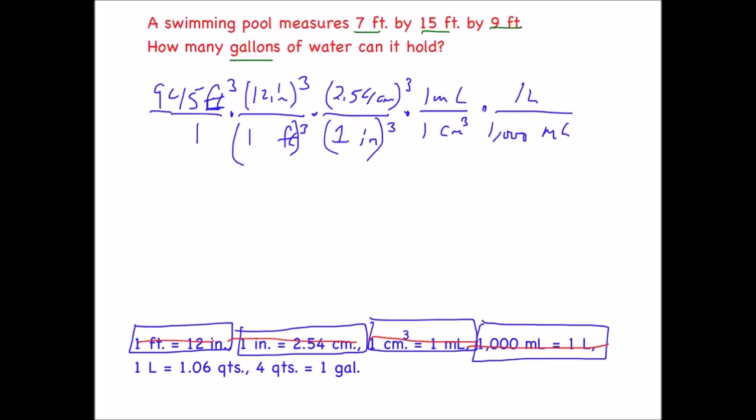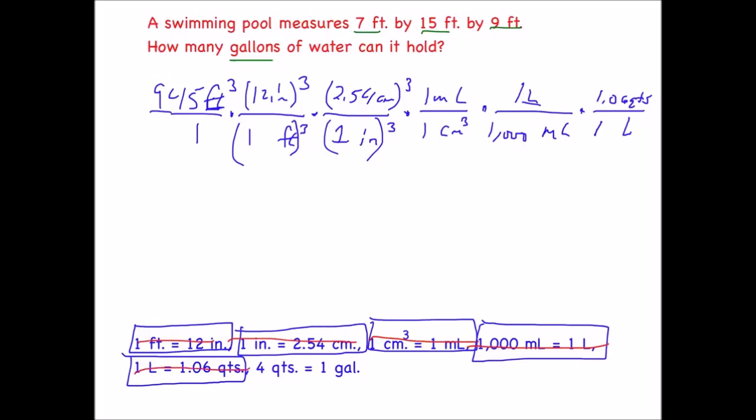So we keep going, add another bar. And liters on top means we have to have liters on bottom. And I see down here that 1 liter is equal to 1.06 quarts. Okay. And this is another conversion factor that you are supposed to have memorized. Right?